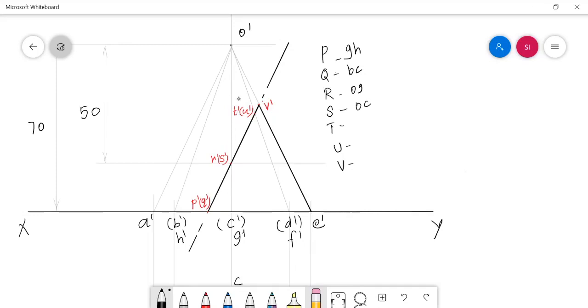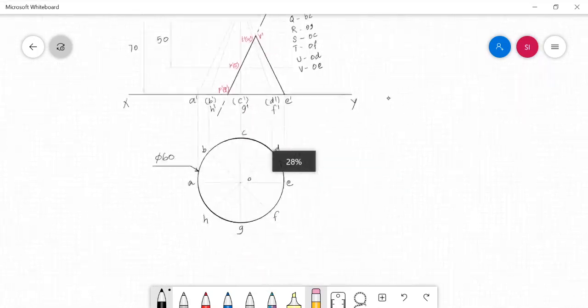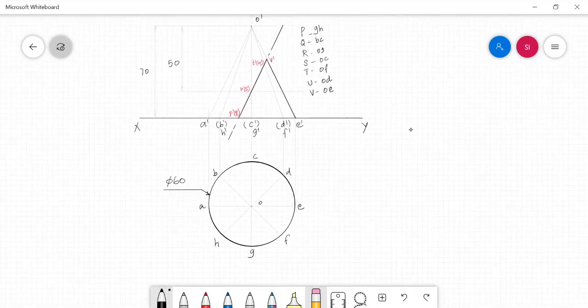And cut point T is obtained in O dash F dash. And the cut point U is obtained in O dash D dash. And finally the cut point V is obtained in O dash E dash. Just mark them. Thereafter we can project the cut points towards the top view area and mark them.